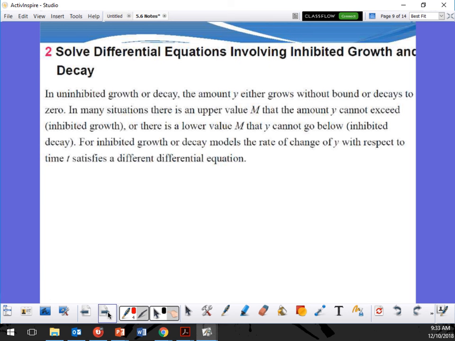They reach the carrying capacity. Thank you, that's the word we're looking for. Carrying capacity means that there is not enough space or not enough food in the environment for them. So it is going to be up to a certain point, and that's going to be the horizontal asymptote on a graph where it would not be able to exceed that.